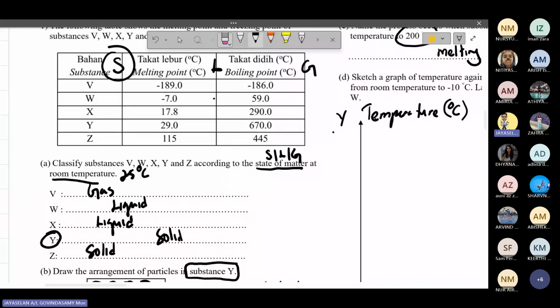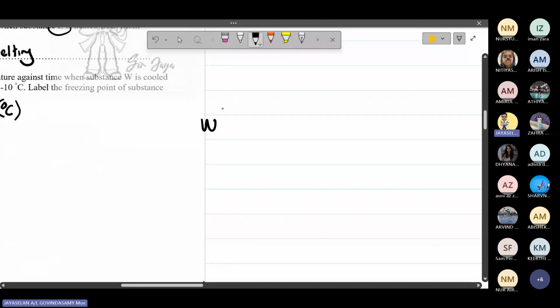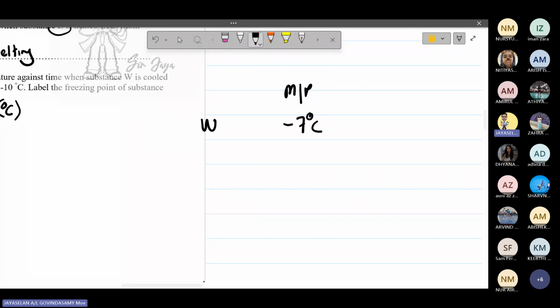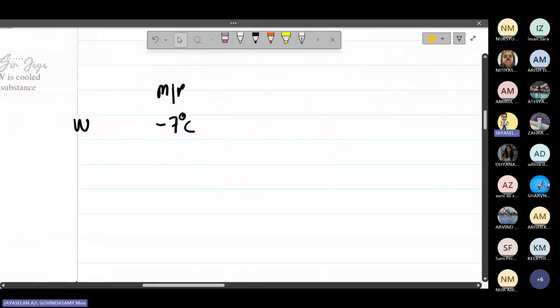Okay, W melting point negative 7. Boiling point 59 degrees Celsius. So I put here W, the melting point is negative 7 degrees Celsius, correct? The boiling point 59 degrees Celsius.